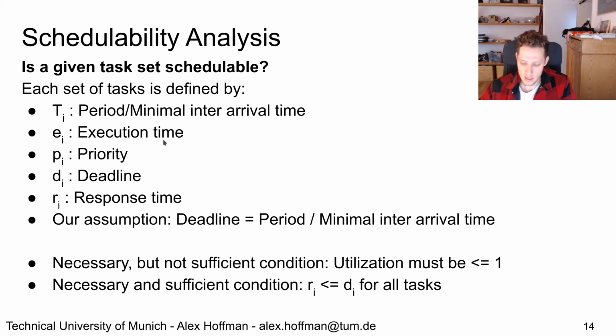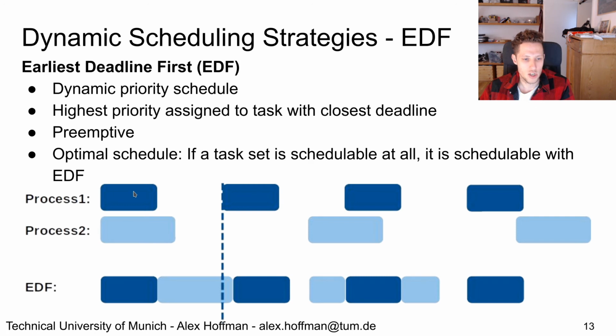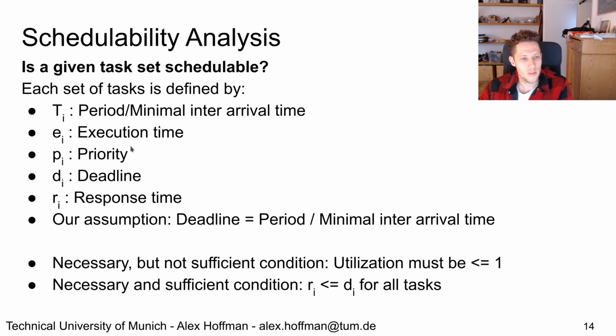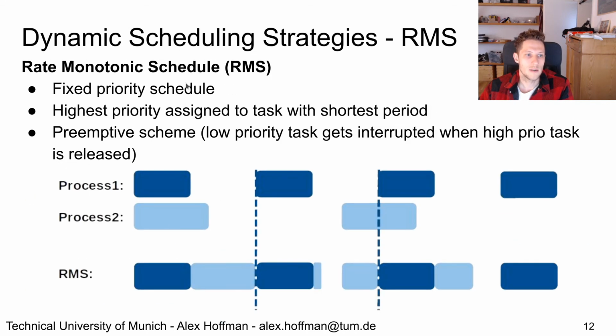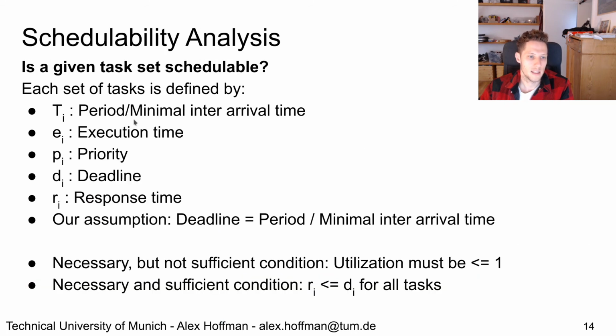The execution time is of course the duration that it would take the task to run on the CPU. The priority: in rate monotonic, this is determined by the period of the task. Between 2 executions of the task, the shorter the period, the higher the priority. And so this is what this stands for and how it's determined.